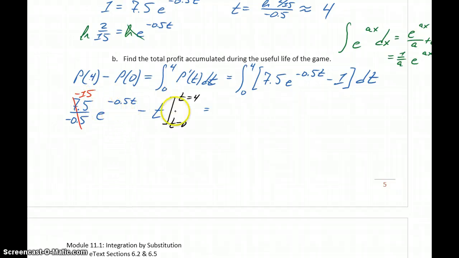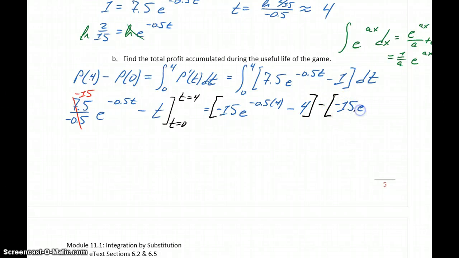So if we're integrating this expression from t equals 0 to t equals 4, that's going to be negative 15 e to the negative 0.5 times 4 minus 4, minus that same function evaluated at t equals 0, which will be negative 15 e to the negative 0.5 times 0, so e to the 0, minus 0.